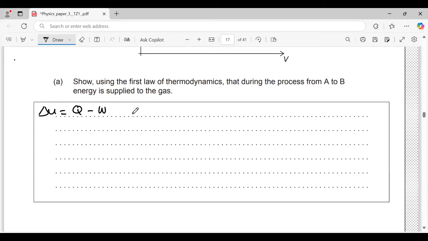For an ideal gas undergoing an isothermal process, the change in internal energy, delta U, is equal to zero because the temperature remains constant.